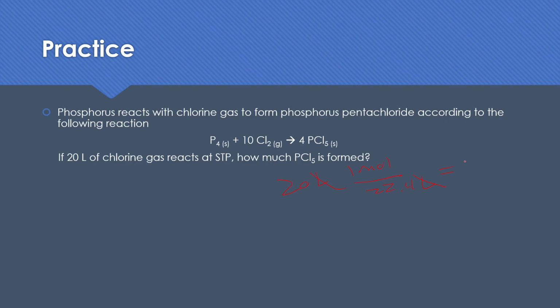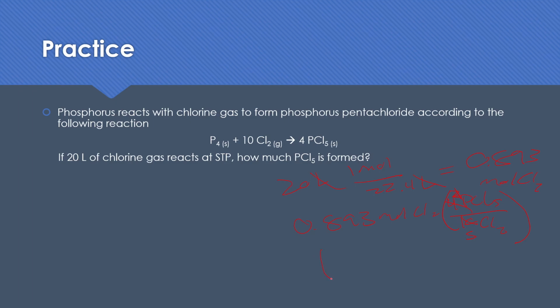Okay. So I've got 0.893 moles of Cl2. And there is 4 PCl5 per 10 Cl2, or you could simplify that to a 2 to 5 ratio.